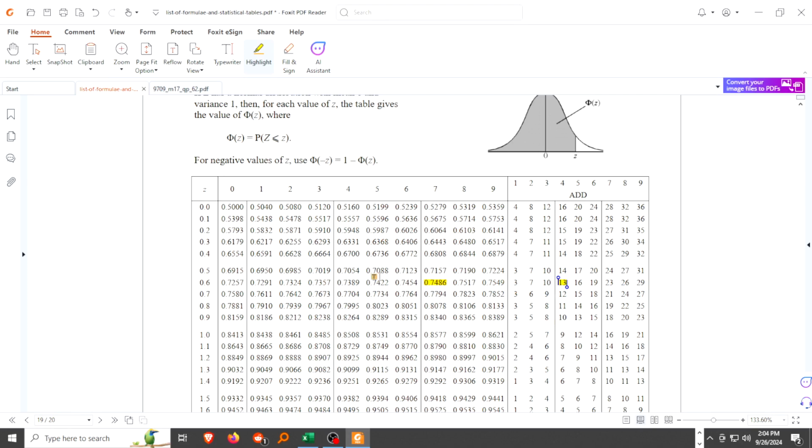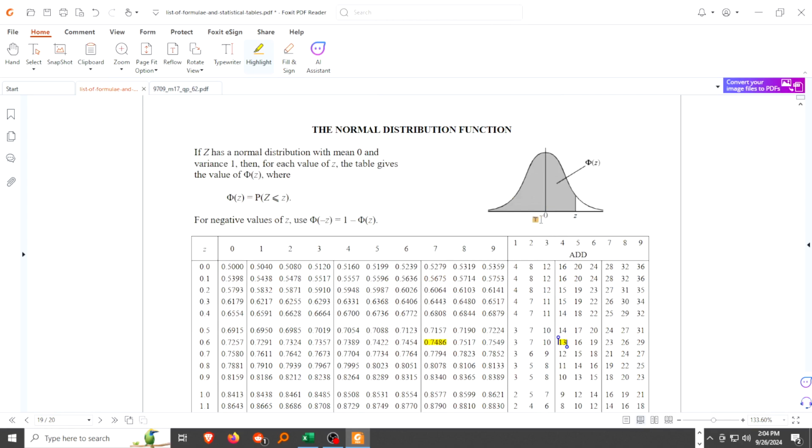We look for 0.825 within the body of this table. This table gives probabilities between 0 and z, and that's why the entries start from 0.5, meaning the area under this curve starts from here.